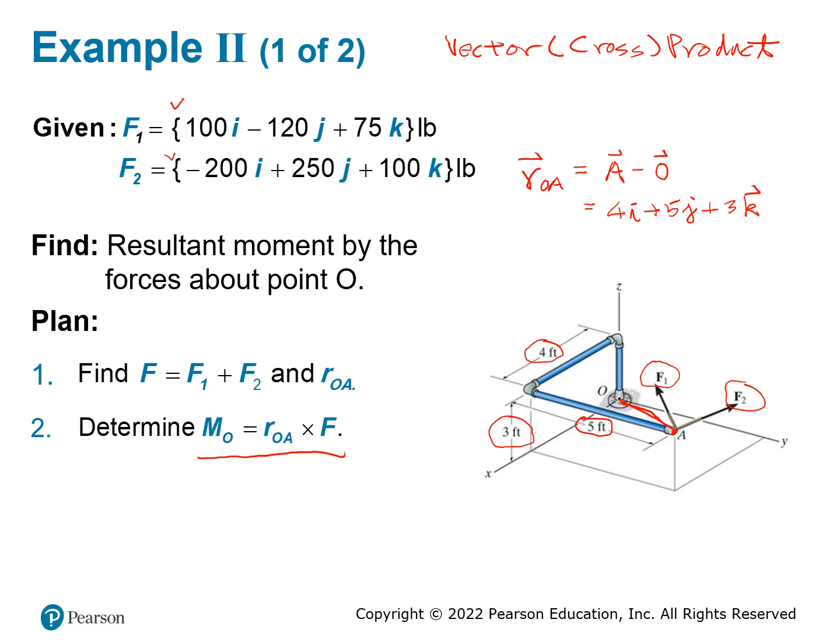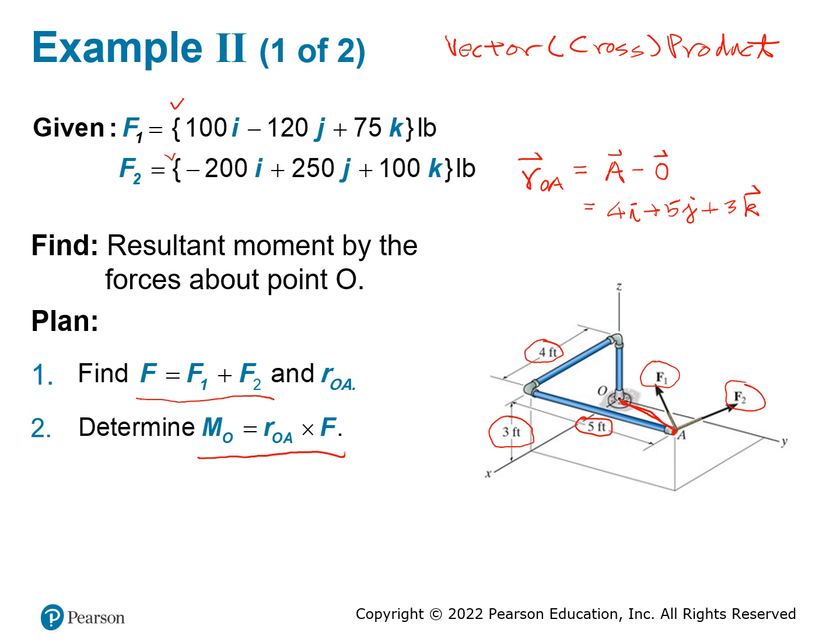Now, we want to find a moment for two different forces. Each one of them has different components, but they are applying to the same point. So we can first sum these two forces together. That will simplify our calculation. Let's find the net force of these two.